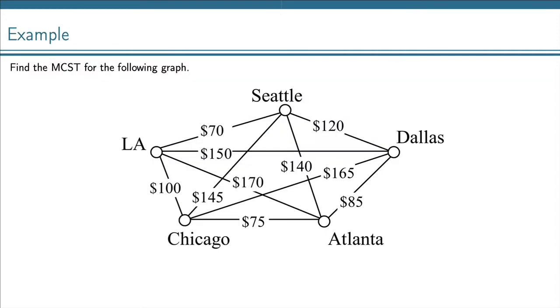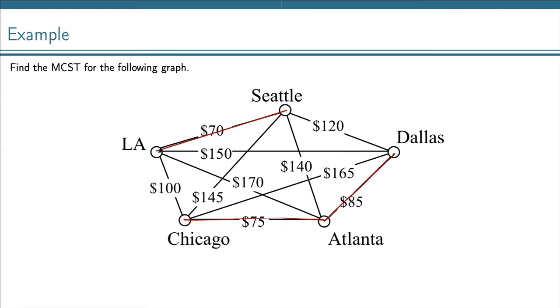Okay, so using our sorted edges algorithm, essentially, Kruskal's algorithm just says find the smallest edge, and that here is from LA to Seattle. Okay, so that's our smallest. Our next smallest is from Chicago to Illinois, $75. Our next smallest is the 85. So we add that.